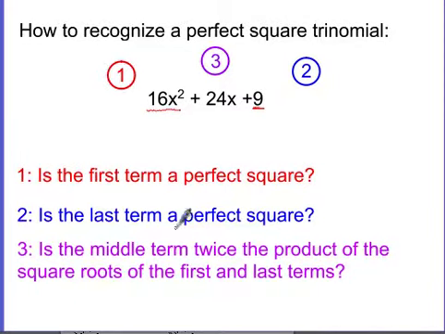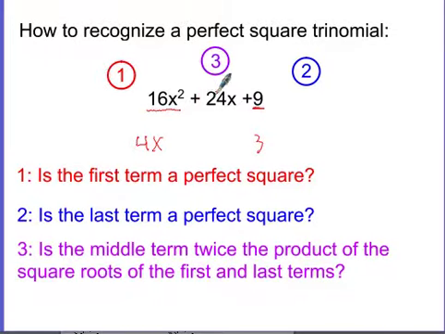And now, is the middle term 2 times the product of the square roots of the first and last terms? What is the square root of the first term? 4x. And what is the square root of the last term? 3. What is 4x times 3? 12x.